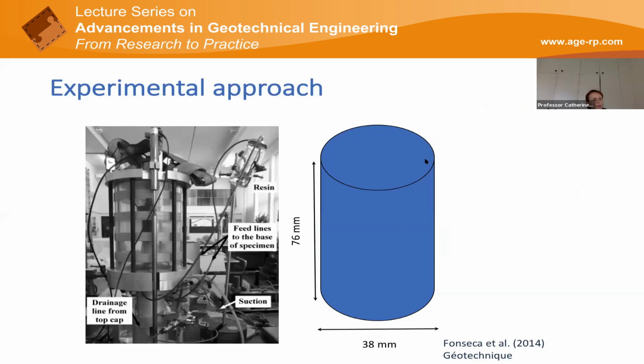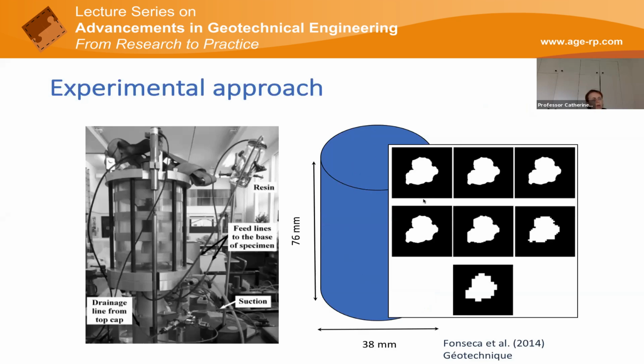We then have a sample that is a mixture of soil particles and resin-filled voids, and we want to get high resolution images. If our images have very big voxels relative to the particle size, the particles will look like this, and that's not really an accurate representation of the real particle geometry.